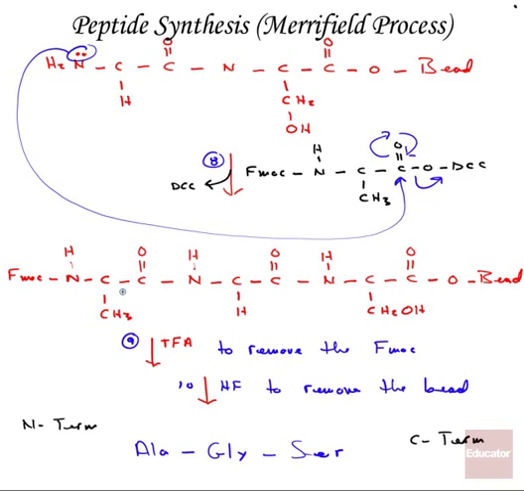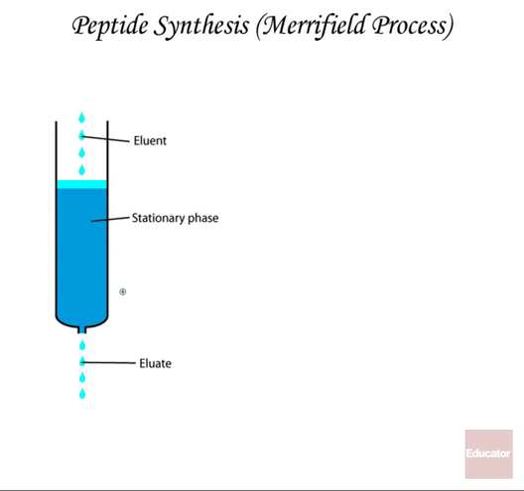Now what I'd like to do is actually go ahead and show you how this takes place physically, as far as the reaction vessel that it actually takes place in. So let me go ahead and just go forward to my picture here. Okay. So this is a chromatography column. Now you can do this on a chromatography column, or you can also do it by hand, but let's just deal with the chromatography column.